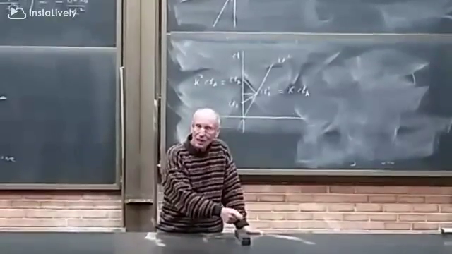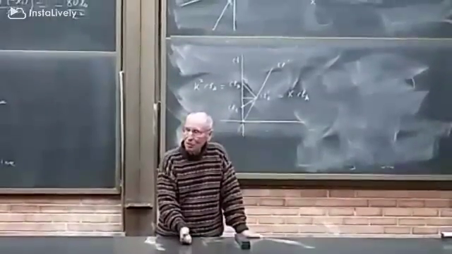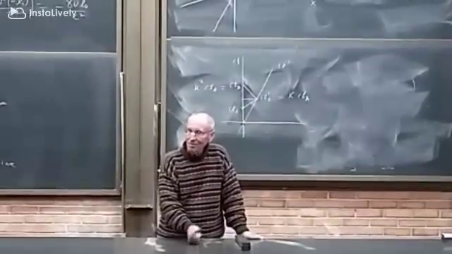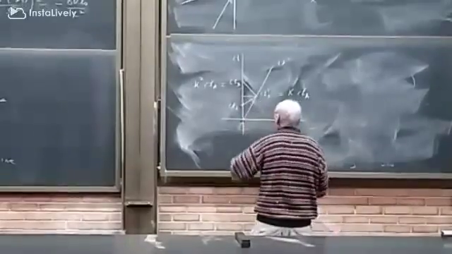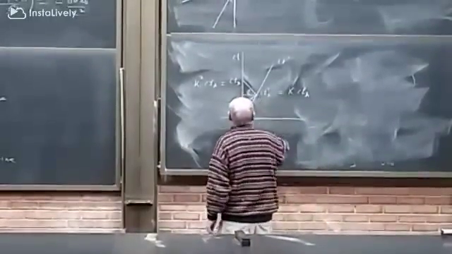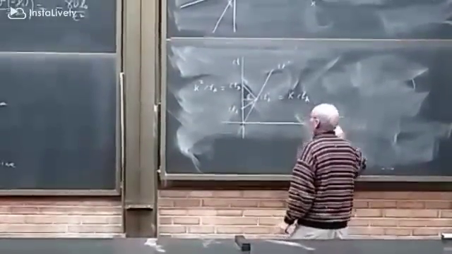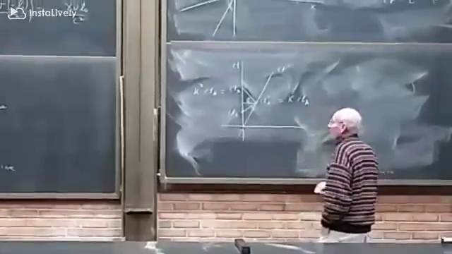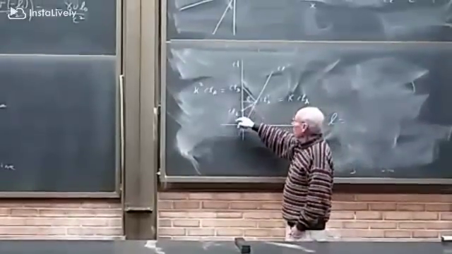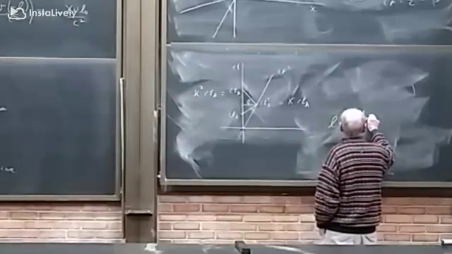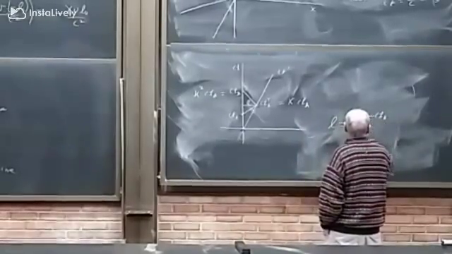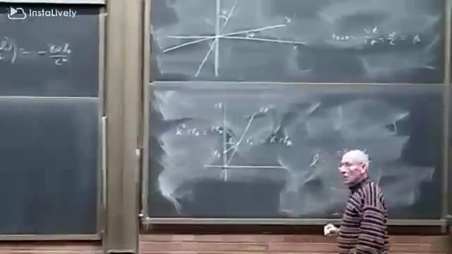Half the time going out, half the time going back. Right? So, this distance, let's call it L, is the time it took to go and return, which is CTB minus CTA divided by 2.